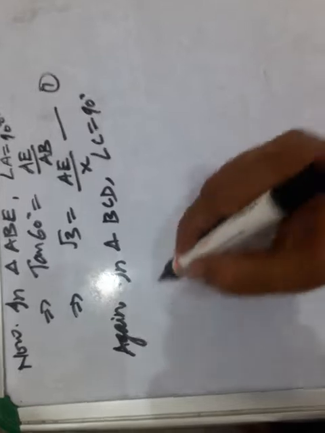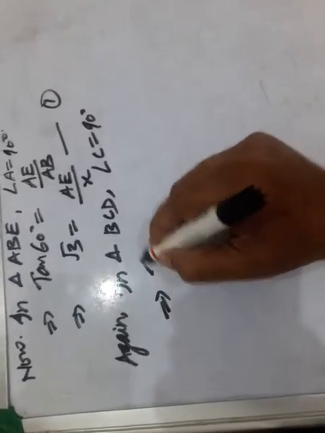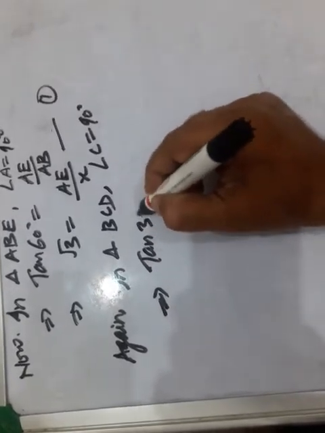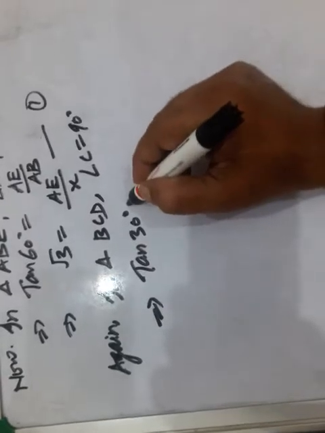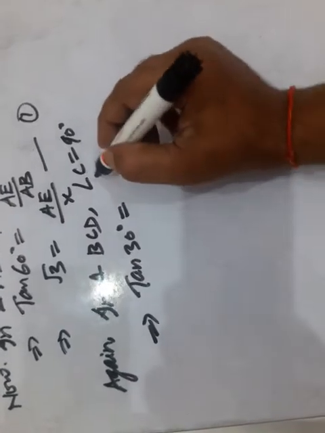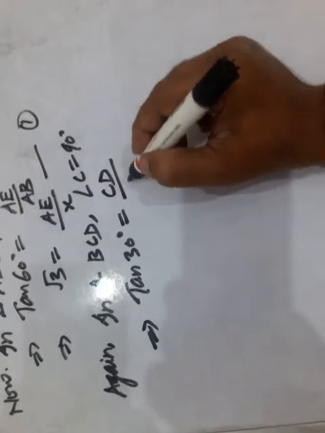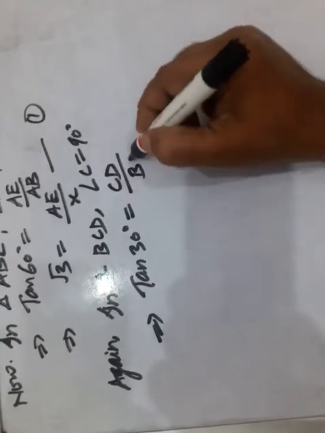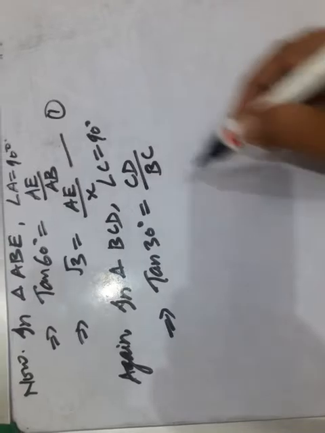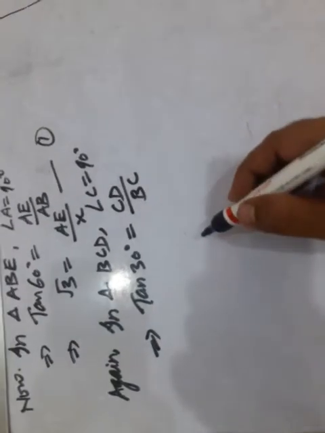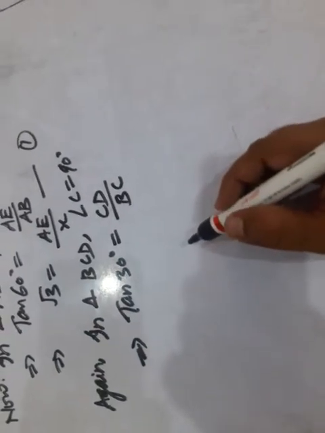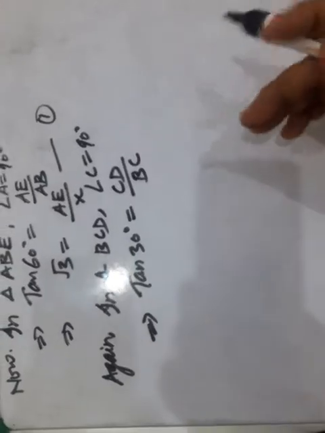Okay children, this implies that tan 30 degrees equals CD upon BC.